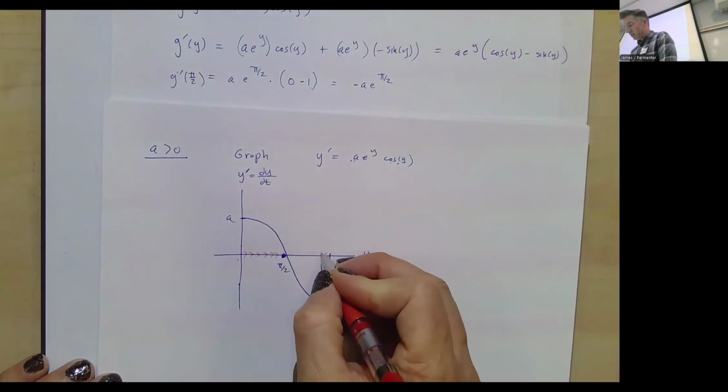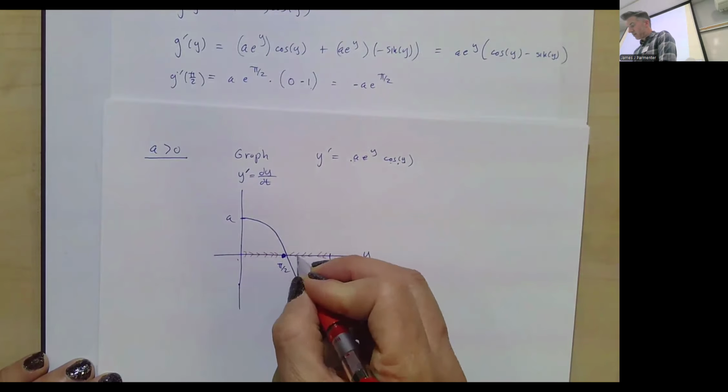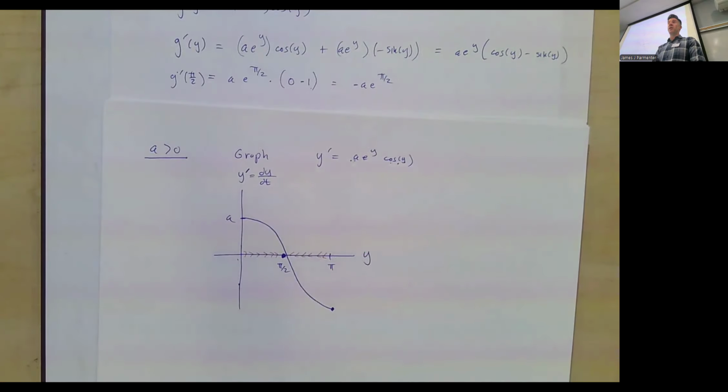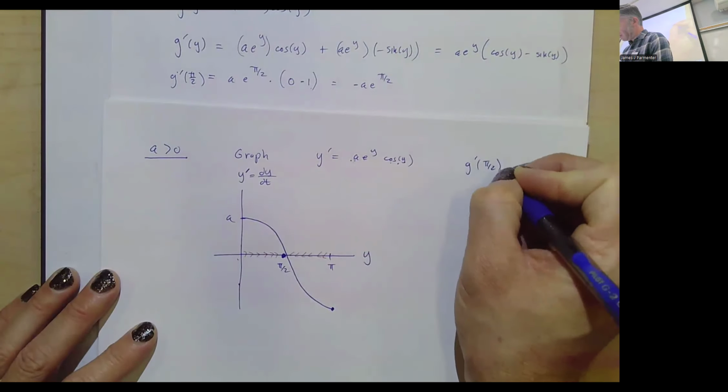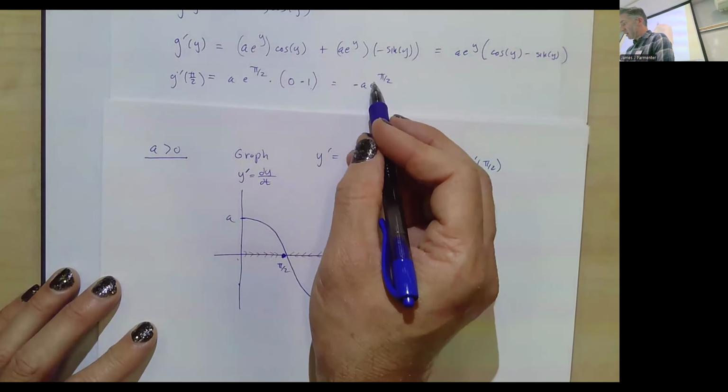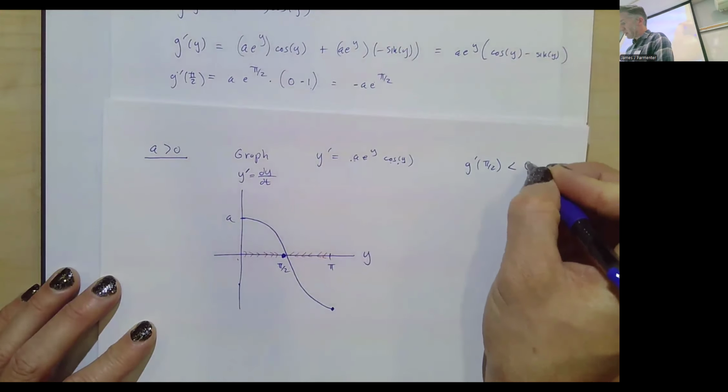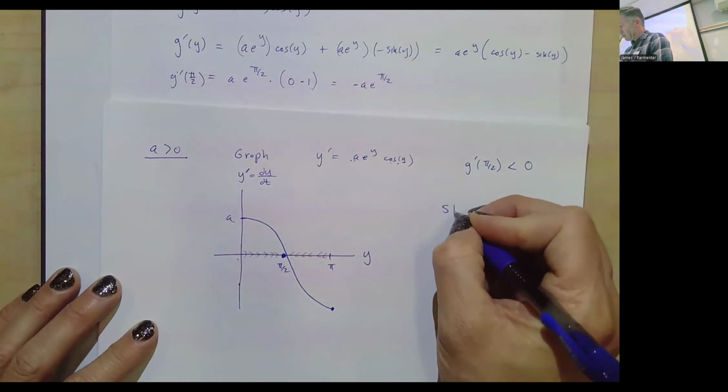So y has to be decreasing. The arrows are pointing towards the equilibrium, which means it is stable. If you move away from it, you get pushed back towards it. So in this case, if a is positive, and notably g prime of pi over 2 is a negative number times a positive number, we have stability.